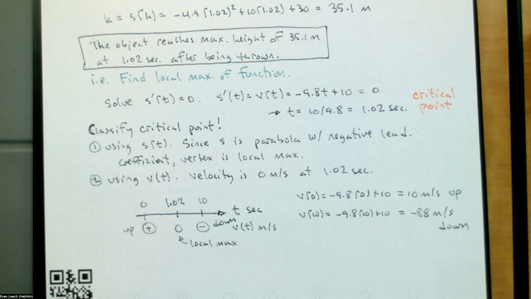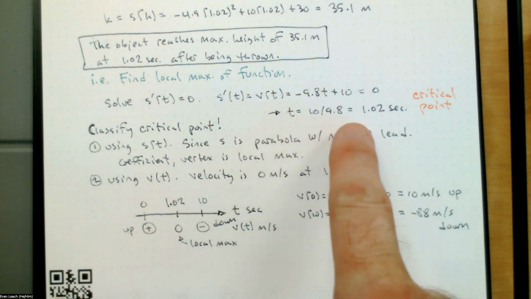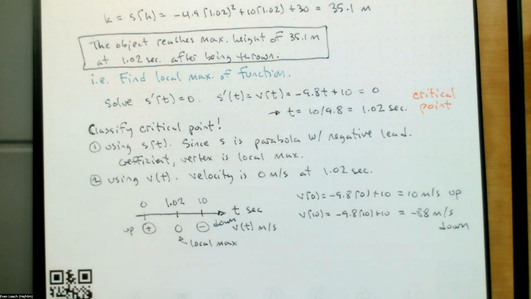We can also classify, oh, go ahead. Yes, because that's how we found the 1.02. We took the derivative, set it equal to 0, and then solved that. So that's when the velocity is equal to 0.